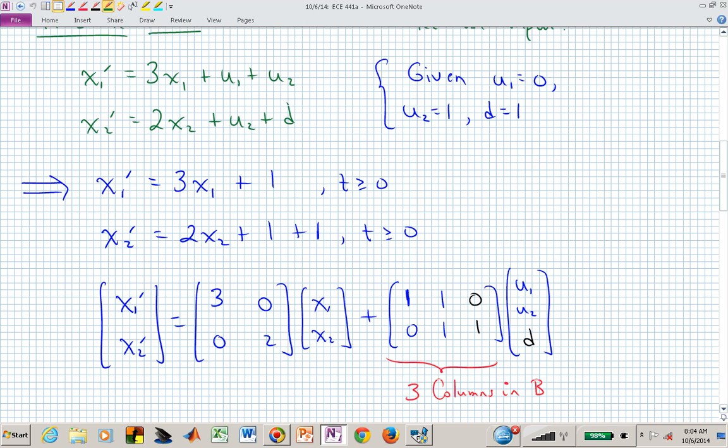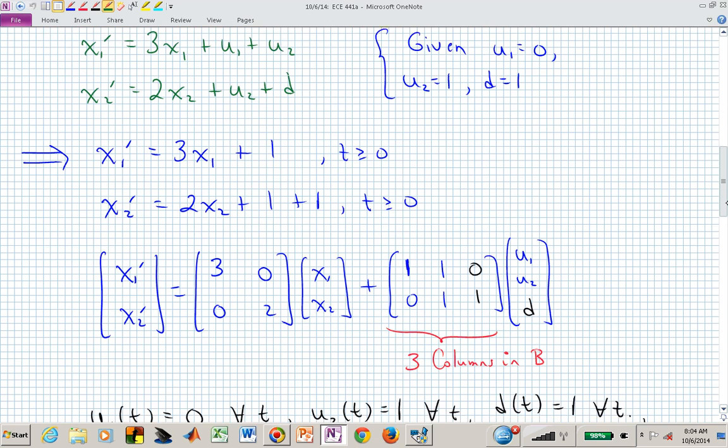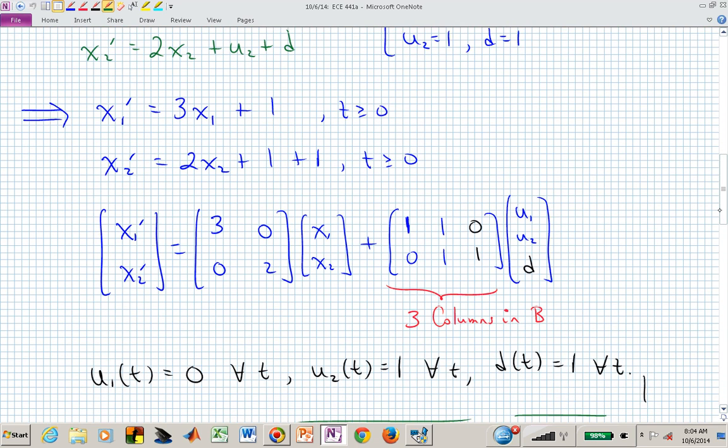But they give you that these inputs are actually constants, and you can see then that x1 prime is driven by 1 and x2 prime is driven by 2. And you could put those in and now say, just let me excite this system with a step. You really just have 1 input, with the B column being 1 and 2, with a constant input of 1. That is another way of thinking about that if you want to simplify that or enhance your understanding of what's going on in that particular situation.